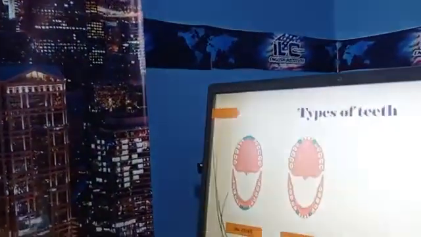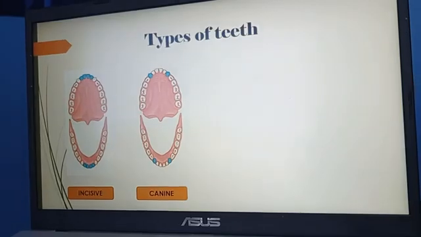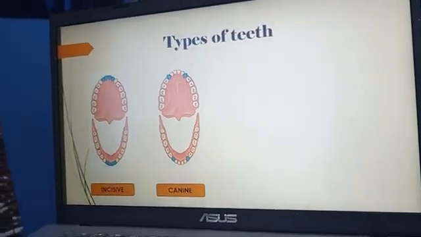They have only one root, and their function, apart from aesthetics, is to cut food and facilitate its crushing by the molars. The next are canine teeth, also known as fangs. They are used to help the incisors when cutting and tearing food. There are two on the top and two on the bottom.